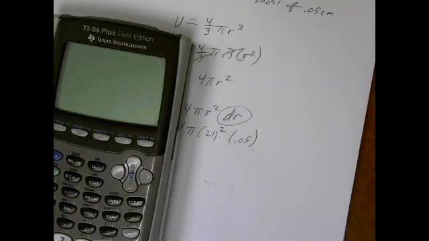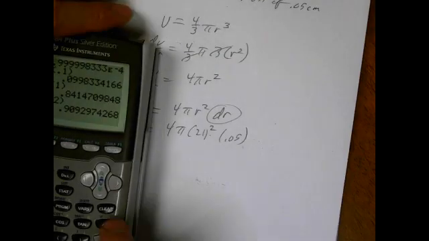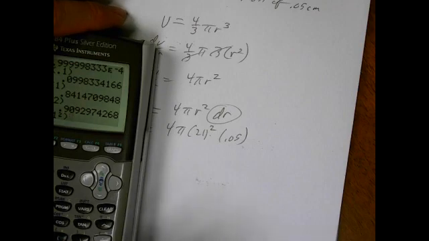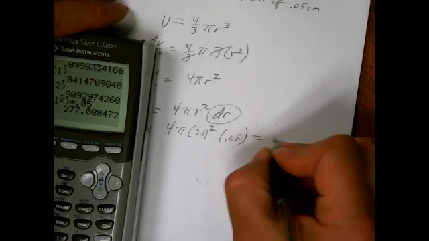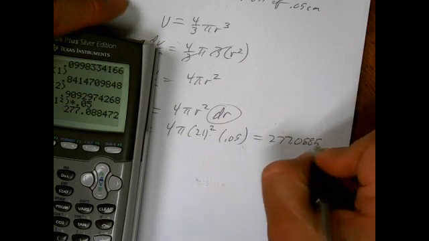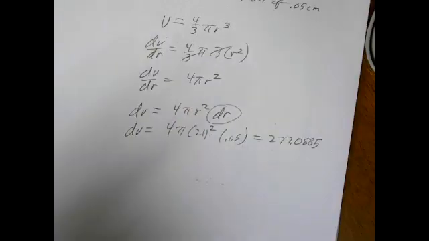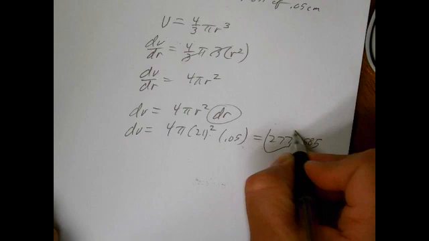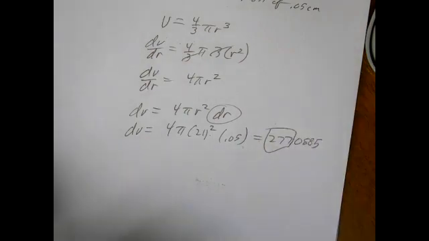Right, on the calculator, 4 times pi times 21 squared times 0.05 tells us that the volume could deviate by as much as, if you want to cut it off at a whole number, 277 cubic centimeters as a result of that possible deviation or error in radius.